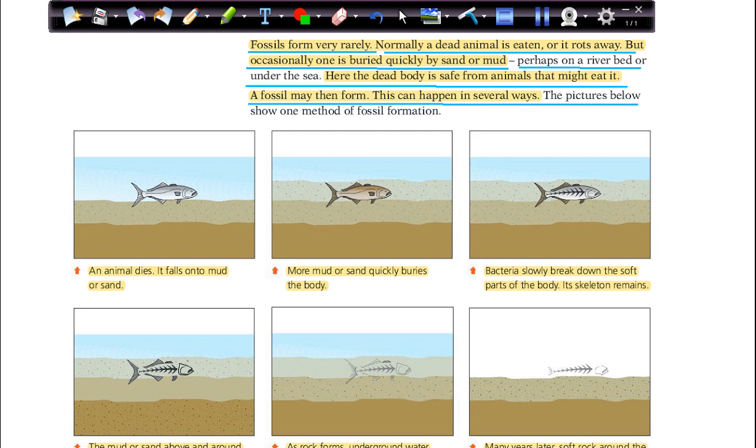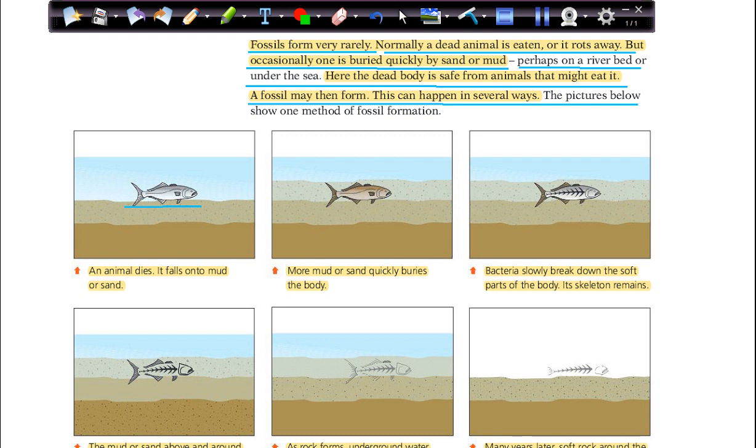First, the animal is dead, or stuck under the ground, in the sea, or in riverbeds because of anything.